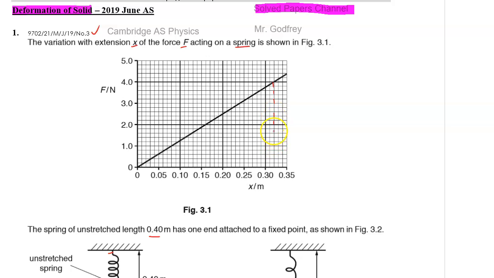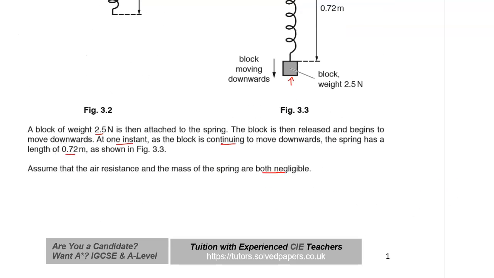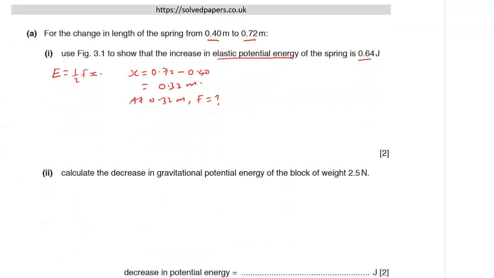That is the extension of 0.32, and therefore you can see the force is 4 newtons. So you found the force. The force at 0.32 is 4.0 newtons.